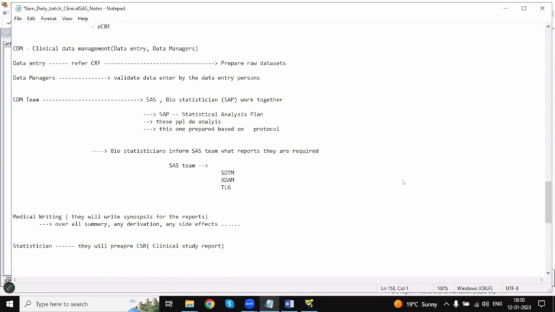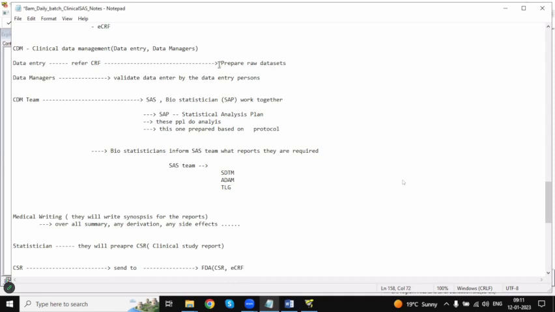This final CSR document they will send to the FDA. But remember, to the FDA, not only the CSR document, along with the CSR document, all the teams' data, the CRFs, we have to submit.